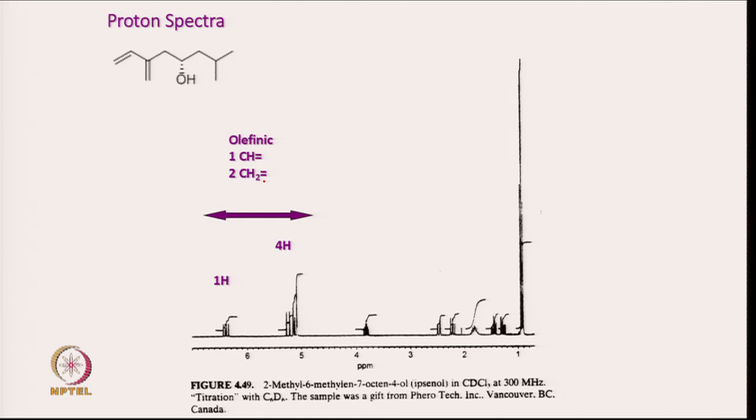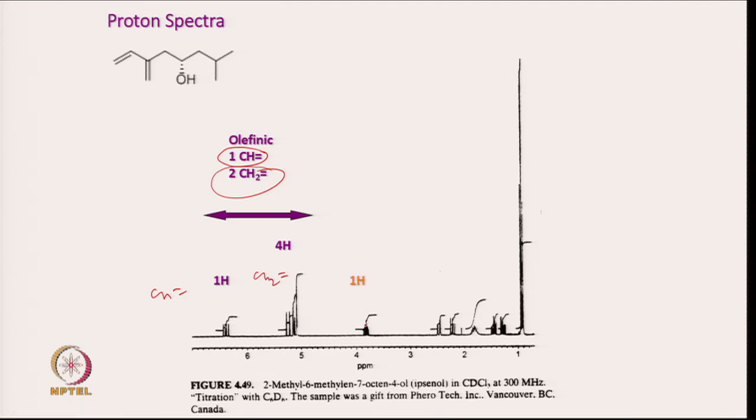From this you can see that these 4 have the same environment and this one has a different environment, so this can be assigned to CH2 double bond and this to CH double bond.